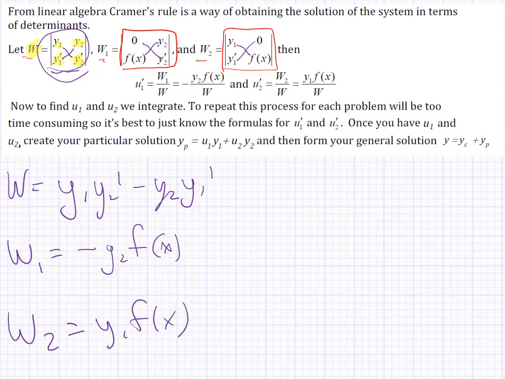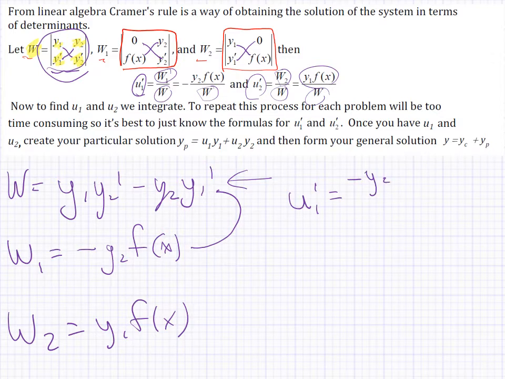And what Cramer's rule says is that we could find u1 prime, which is one of the unknowns we're looking for, by doing W1 divided by W. So I'll just write minus y2 f of x over W. And then u2 prime is W2 over W, which is y1 f of x over W. If we shorten this out, we have u1 prime equals negative y2 f of x over y1 y2 prime minus y2 y1 prime.